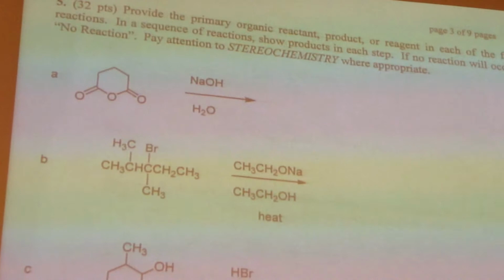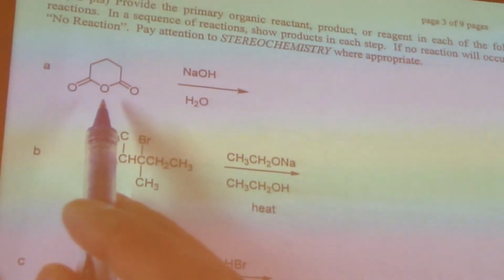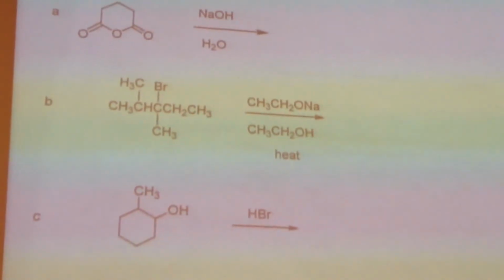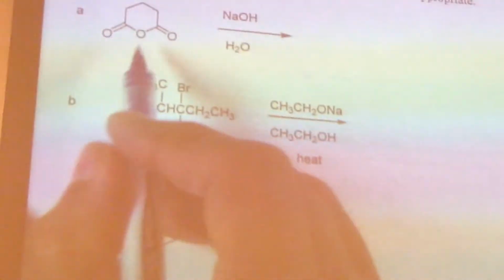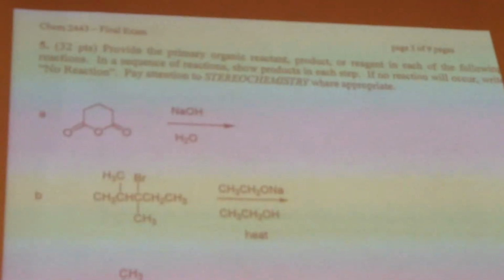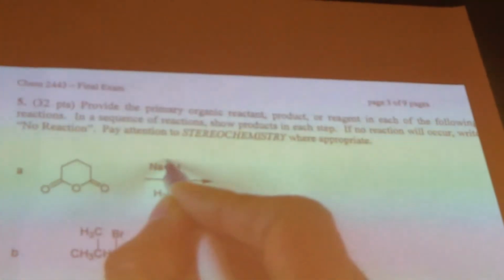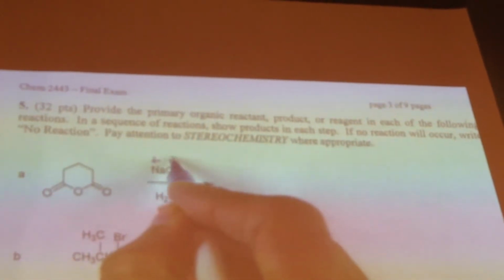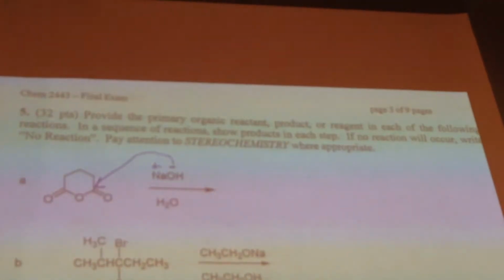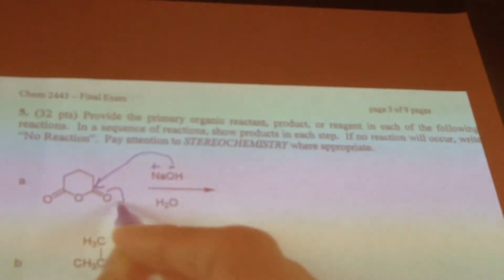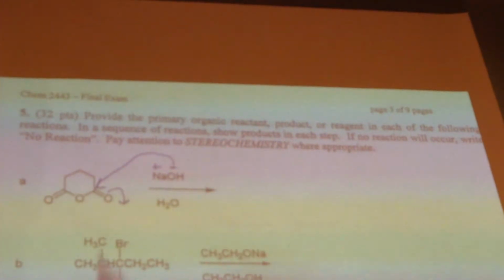This reaction is more recent because this is from chapter 19. And you know how this reaction proceeds. You have the carbonyl groups, which get attacked by any nucleophile. In this particular case, it would be OH minus. So OH minus attacks either one of these carbonyls, and it forms a tetrahedral intermediate.